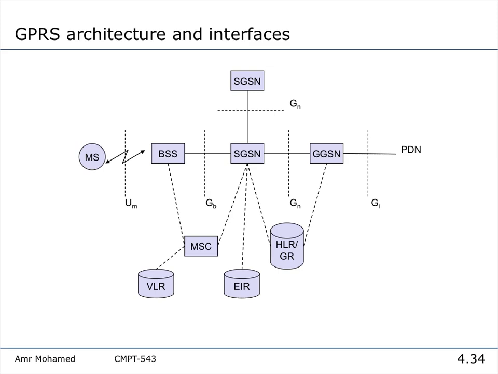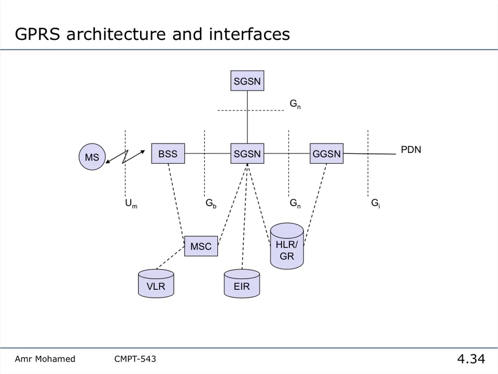Is that okay? Anything else? I think this is pretty much it. So the gateway GPRS support node provides the Gi interface, which interfaces this system with any other technology, whether it's PSTN or ISDN or any other network.